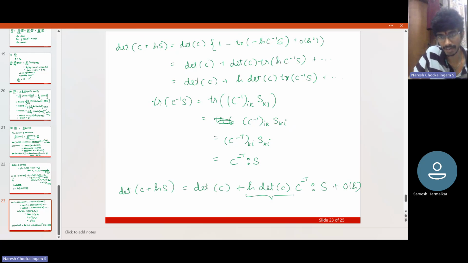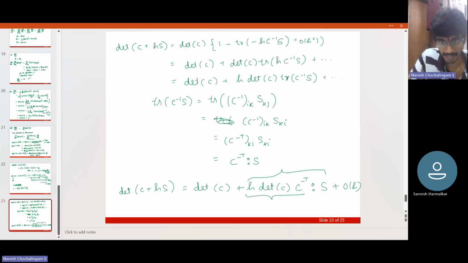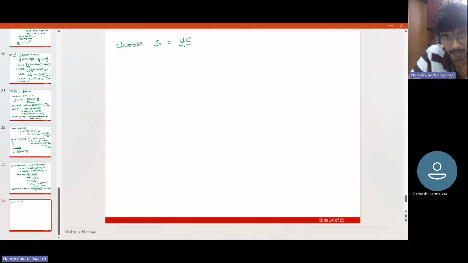Now this is what is defined as the directional derivative. This entire thing excluding H is the directional derivative of determinant of C in the direction S. Now choose S to be dC by dt.